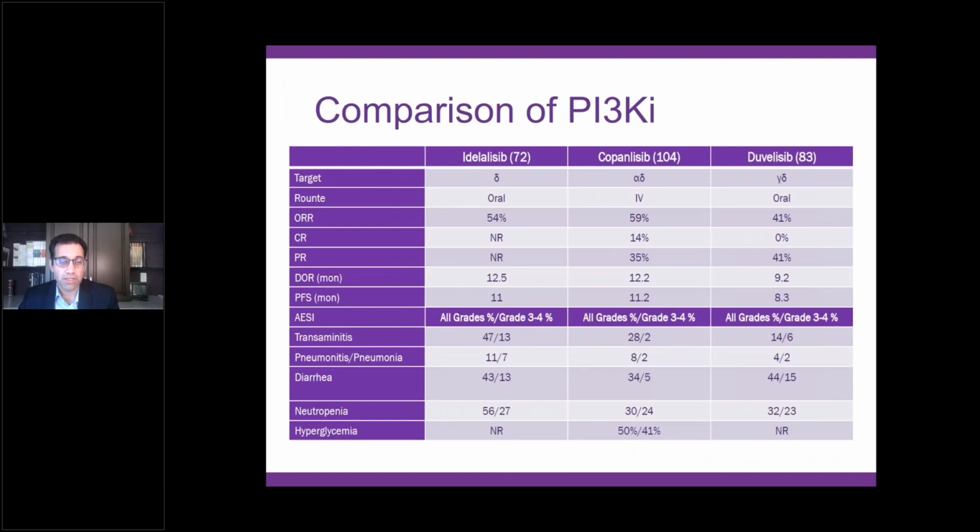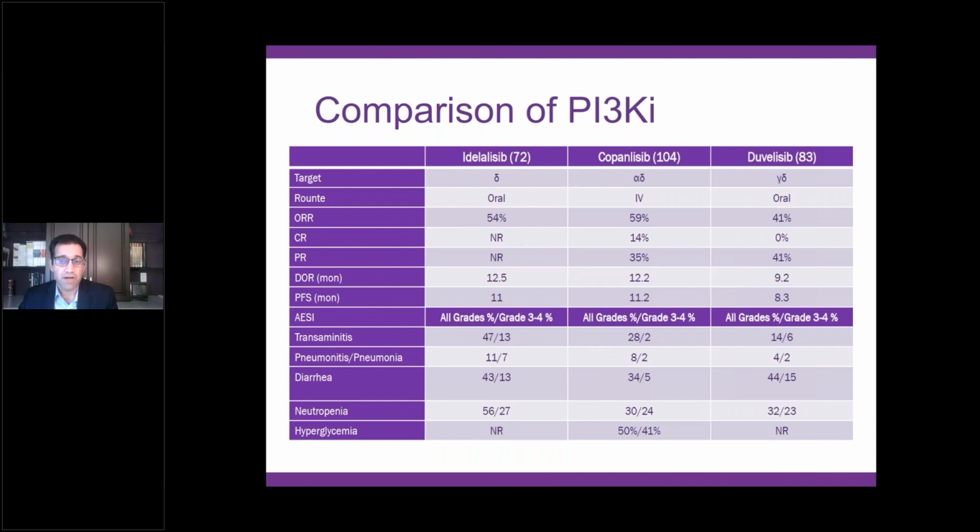Each of them targets a different receptor, and all of them have different side effects and toxicity as well, based on which receptor they are targeting. The first one and the last one can be taken as oral medication, while copanlisib is an intravenous treatment.